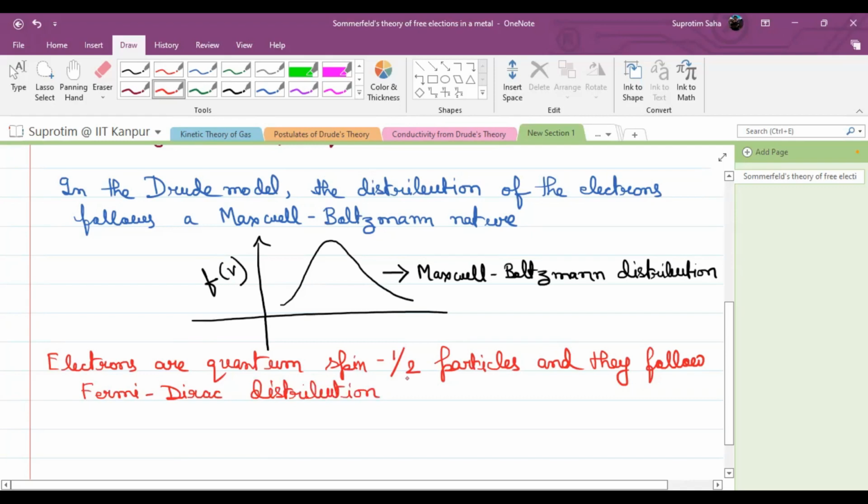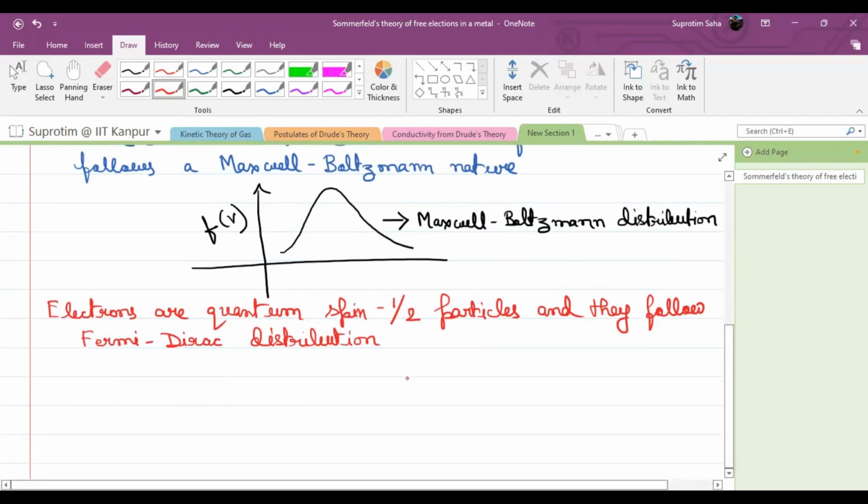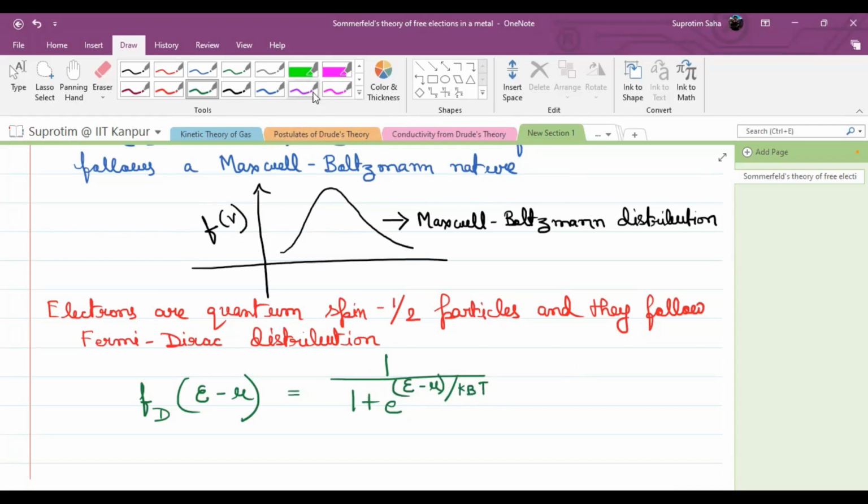The Fermi-Dirac distribution is given by f(epsilon) equals 1 over 1 plus e raised to epsilon minus mu over kT, where epsilon is the energy and mu is the chemical potential.